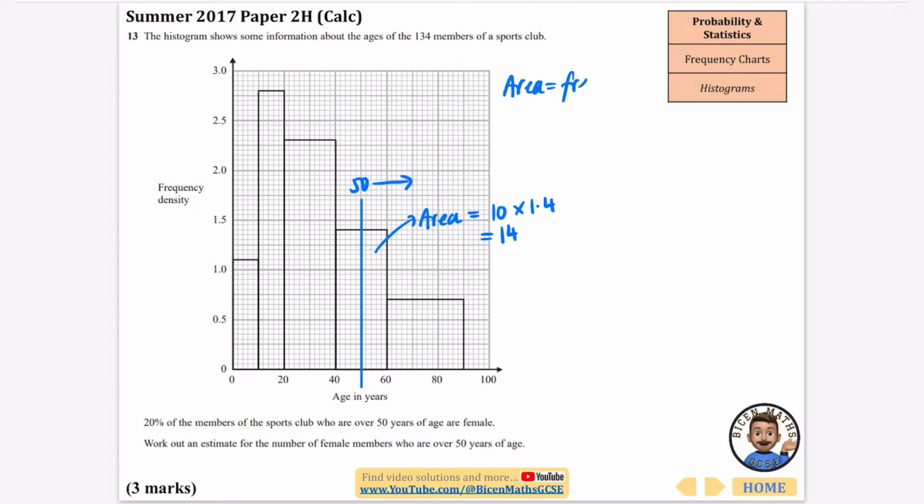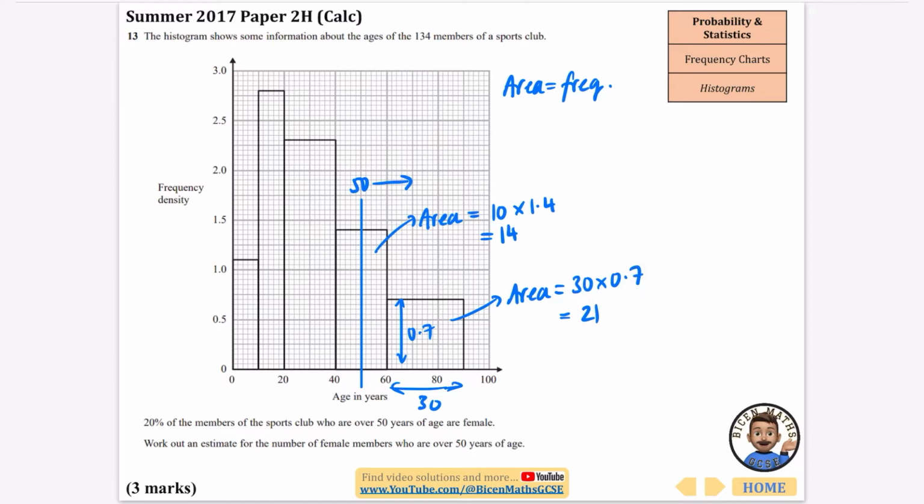Area equals frequency. Now, the area of this other bar: along the bottom, from 60 to 90, that's 30, and the height is 0.7, so it's 30 times 0.7. You can do that on your calculator because it's a calculator paper, but 3 times 7 is 21, and when you times by 10 and divide by 10, you do end up with 21.